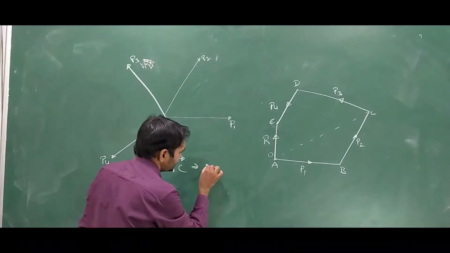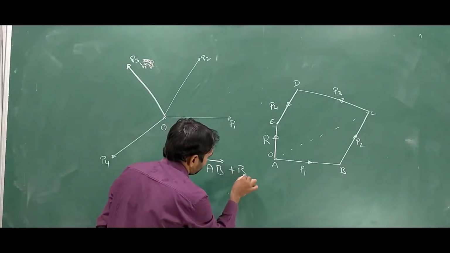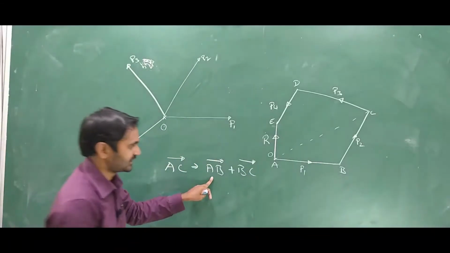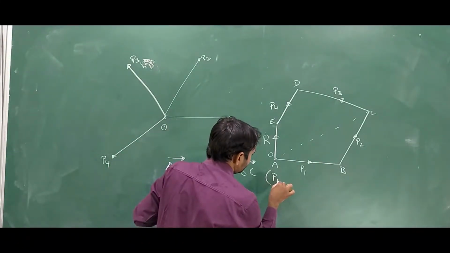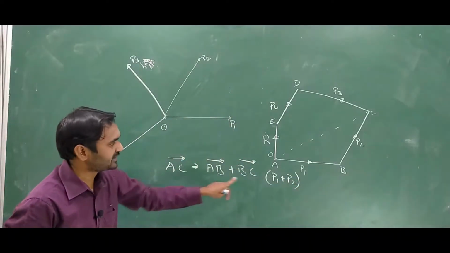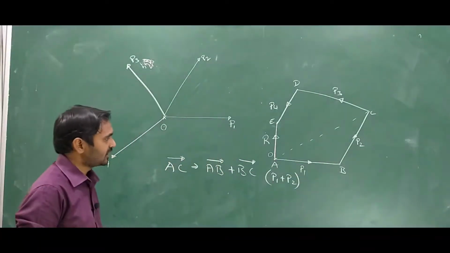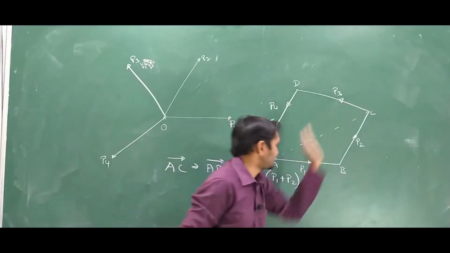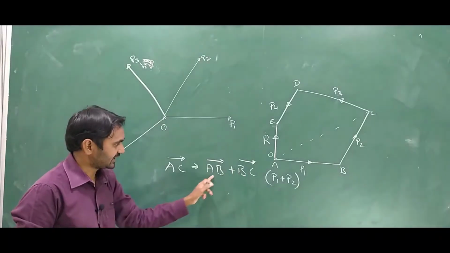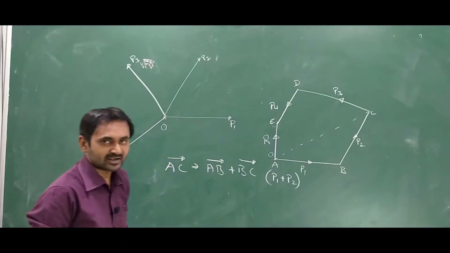This is equal to AB force plus BC force, or else you can write P1 plus P2, because AB is represented with P1, BC is the force P2, right? Now in triangle ABC, AB and BC are the two forces which are acting, and AB plus BC is equal to your AC. So this is your resultant.